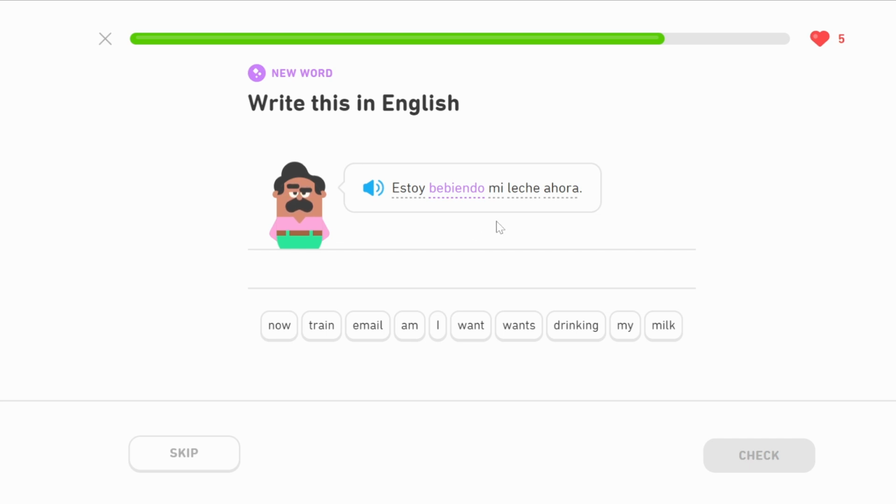Otherwise, if it was something like hablar, it would end in ando. But in this case, it's endo, so it's going to be beber. So beber is to drink. So endo means it's in the moment, so it's going to be drinking. Estoy is I am. I am drinking. Mi leche, which is my milk. Ahora is now. So I am drinking my milk now.